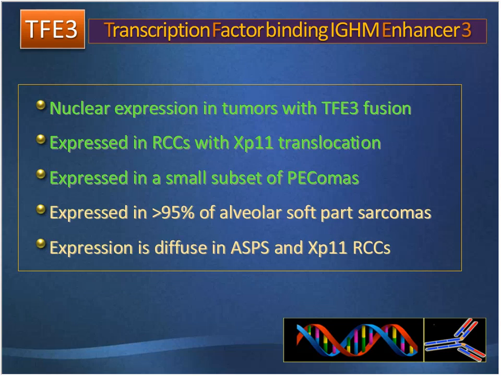As you know, alveolar soft part sarcomas do not have, so far, a very reliable immunohistochemical marker. Usually the diagnosis is by exclusion. The availability of this marker has increased our efficacy of diagnosing this entity. The expression of this protein is diffuse in alveolar soft part sarcomas and also in those rare cases of Xp11 renal cell carcinomas.